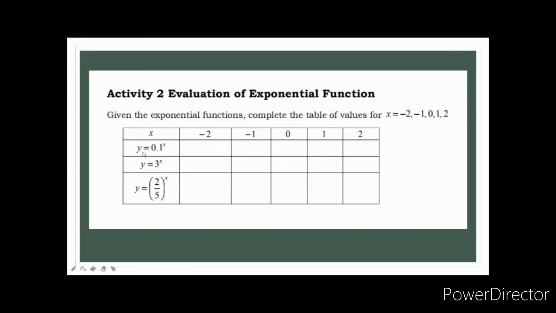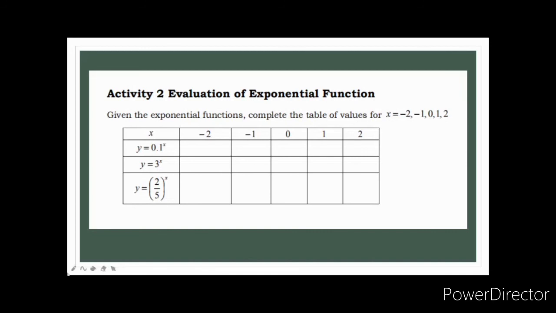Number 2: y equals 3 raised to x. Number 3: y equals 2/5 raised to x.